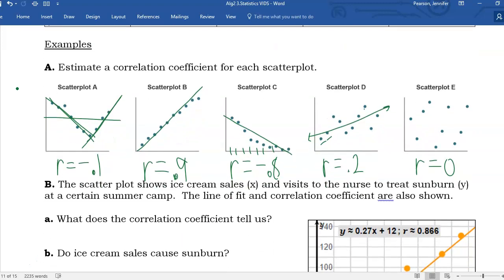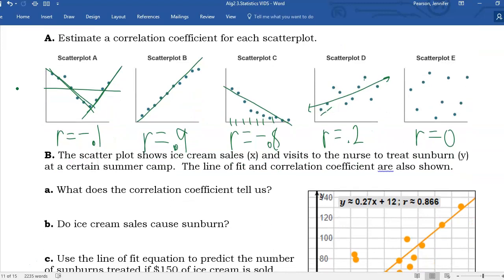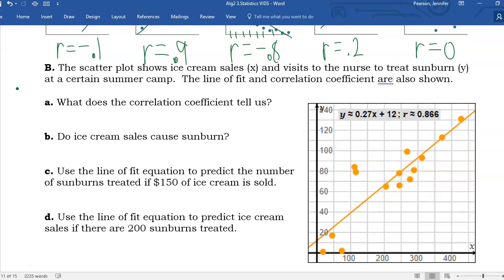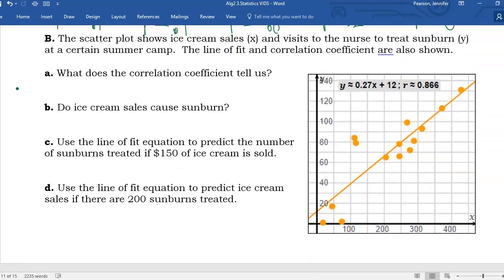Example B. The scatter plot shows ice cream sales, X, and visits to the nurse to treat sunburn, Y, at a certain summer camp. The line of fit and correlation coefficient are also shown. So I can see my R value right here, 0.866, almost 0.9, tells me that this is highly correlated data, okay?